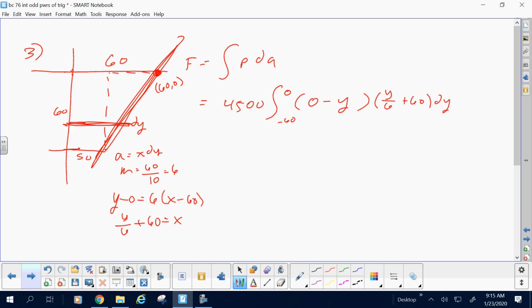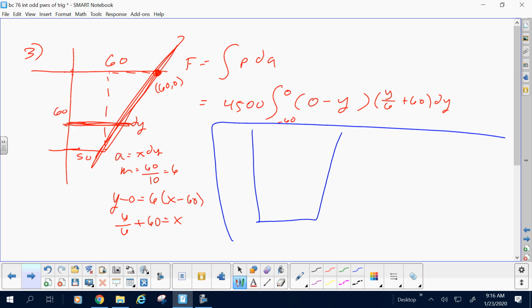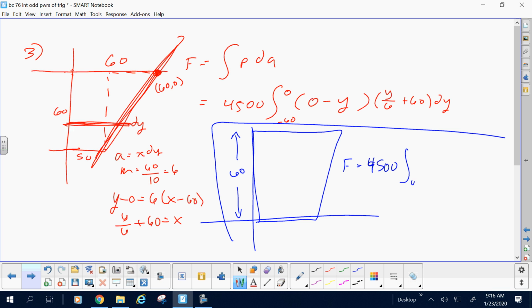If we put the origin at the bottom of the container, then that's here. Force is still 4,500 for rho. Now what are the limits? 0 to 60. Now what's the depth? Surface minus y. 60 minus y.